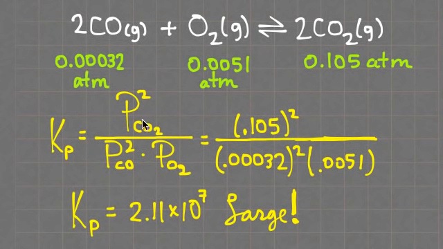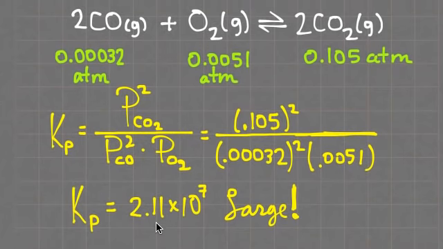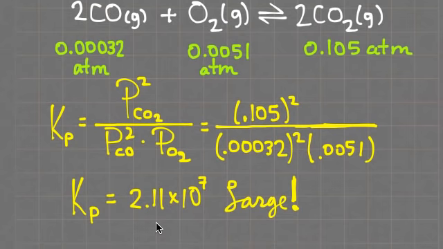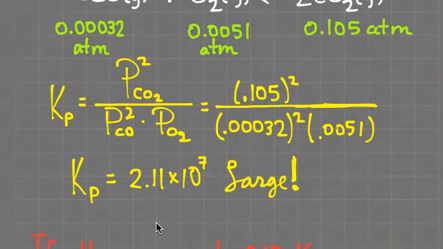In the numerator, 0.105, that's this one, to the squared power. In the denominator, carbon monoxide pressure squared, there's a 2 there, square that one, 0.051. And I find it to be very, very large. Ooh, goodness, that's 21 million. These equilibrium constants are, for our purposes, unitless, although technically we might include units, but we're kind of brushing over that for now.